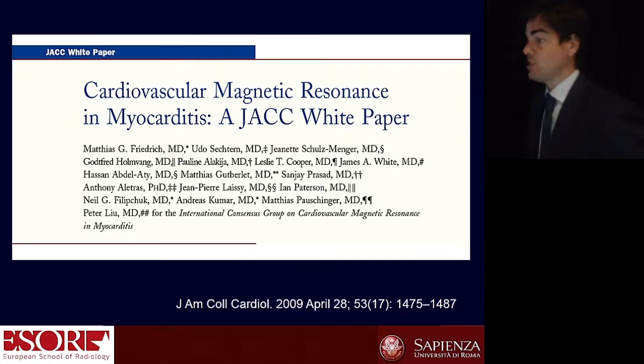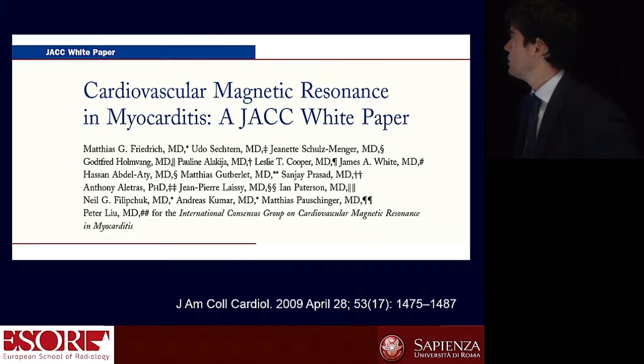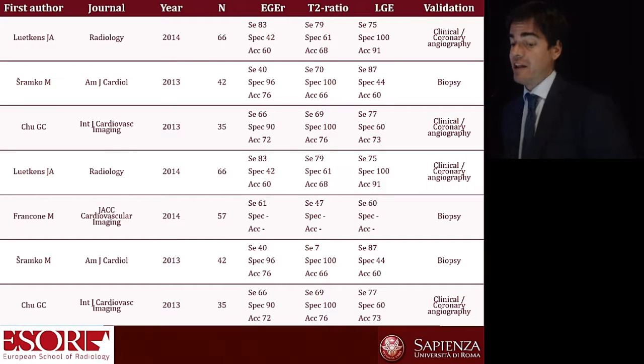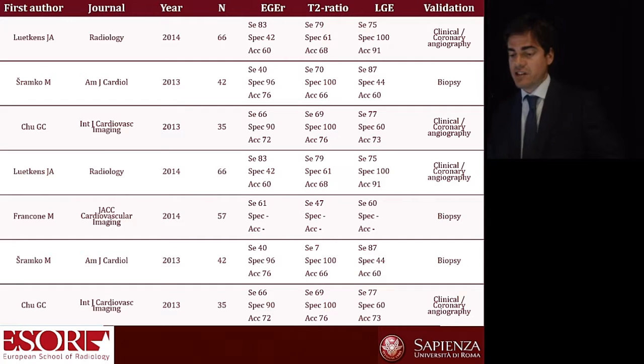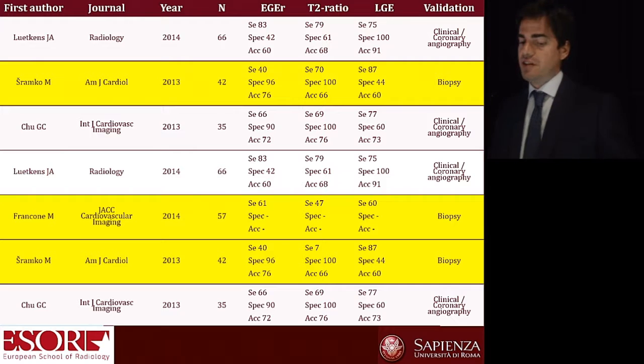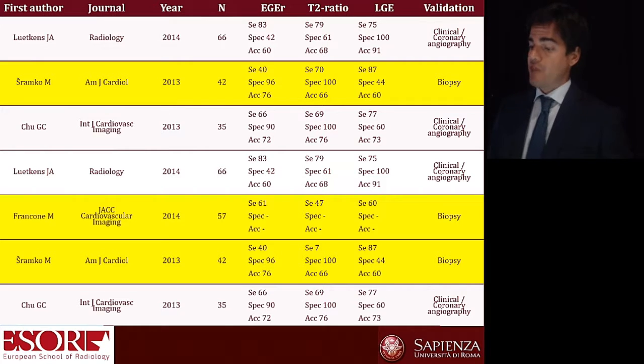Let me move to this further slide. Here. Why MR, and what is the diagnostic value of MR in myocarditis? It is extremely well performing. Literature is full of papers, either biopsy or non-biopsy validated, and sensitivity, specificity, and positive and negative predictive value of MR are very, very high.